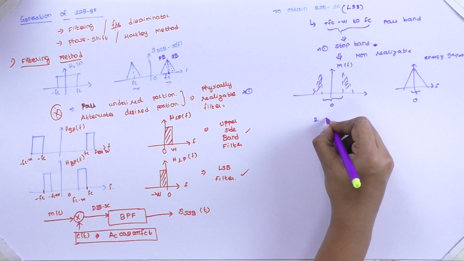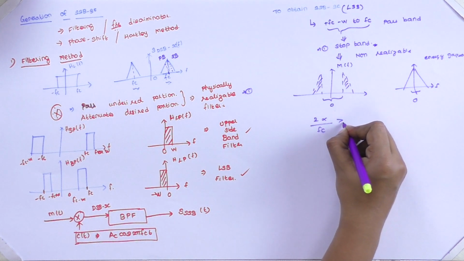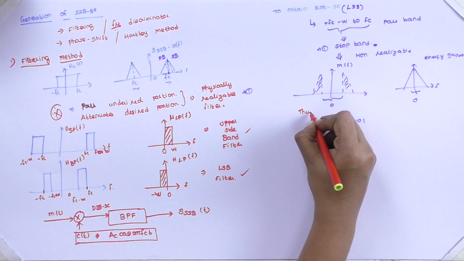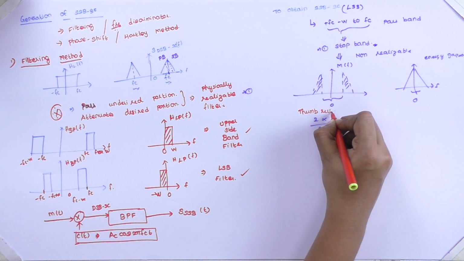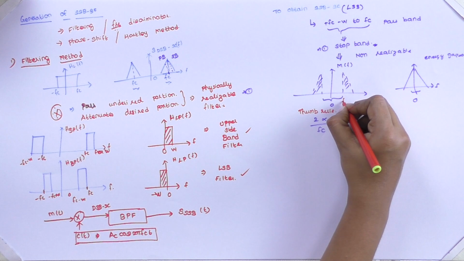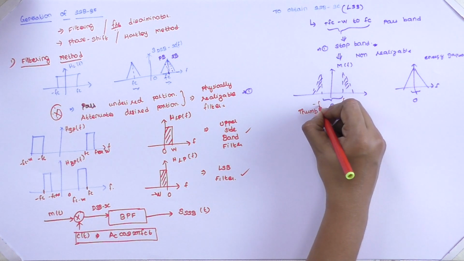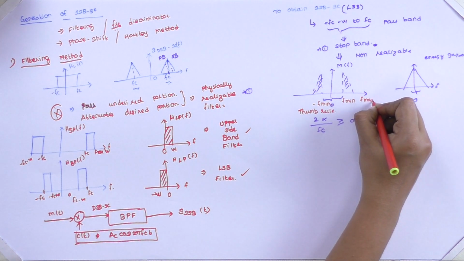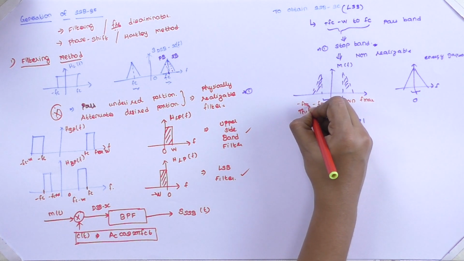The thumb rule is 2 alpha by FC is greater than or equal to 0.01. This is the thumb rule for the energy gap. So this is our F minimum energy gap and then minus F minimum, and this is our F max and minus F max.